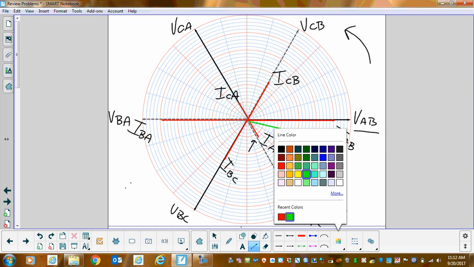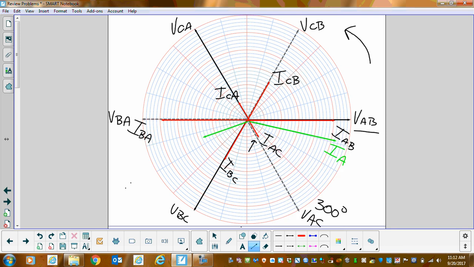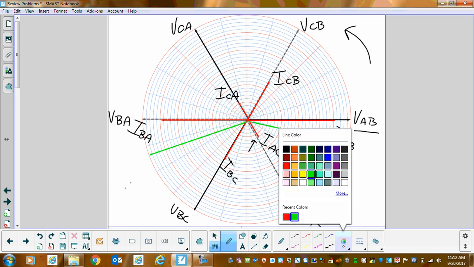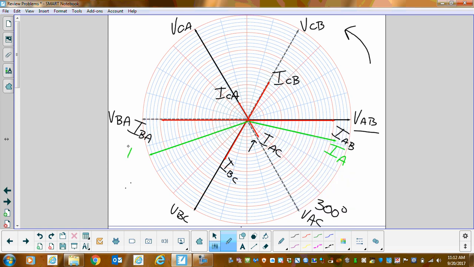I of B we said was 31.74 amps at negative 160. So it's somewhere over here, and it's quite lengthy also. And that is I of B. And lastly, I of C, we said was 15.87 amps.